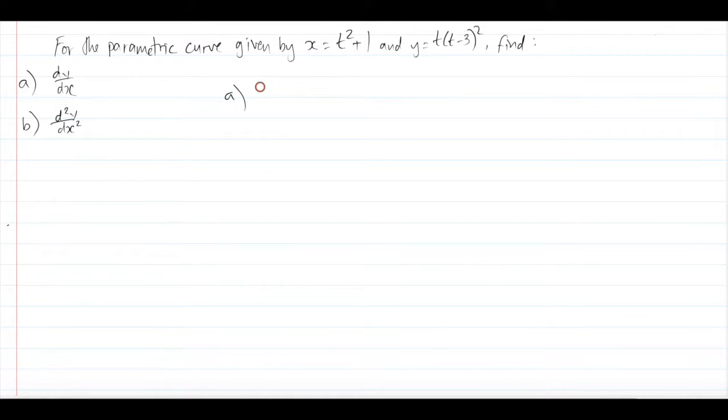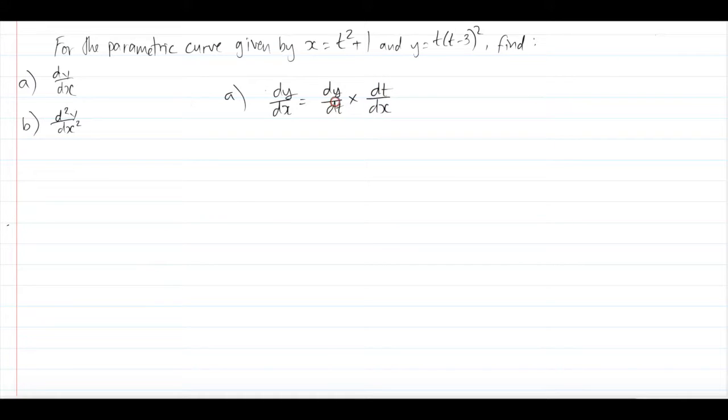We have to use related rates to help us solve this because we don't have a single function, we have a pair of parametric equations, and both of them are in terms of t. To solve for dy/dx, we use related rates: dy/dt multiplied by dt/dx.